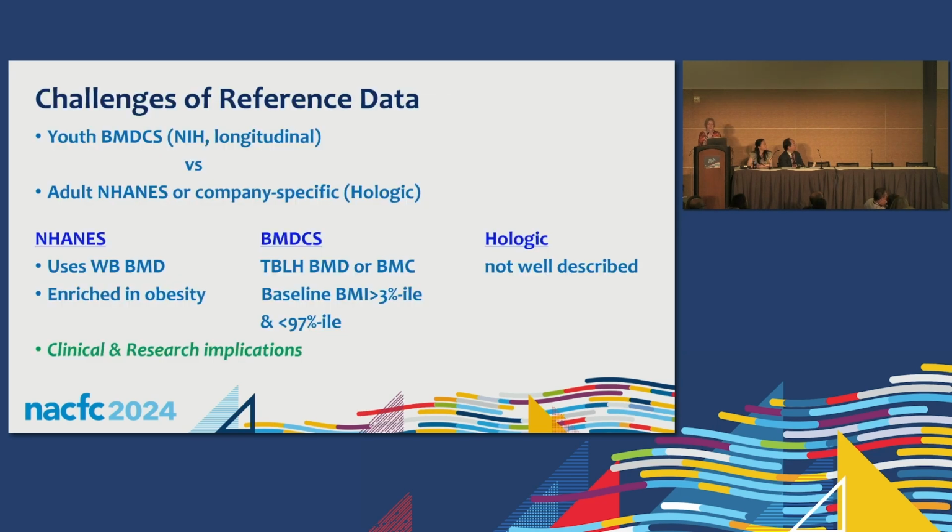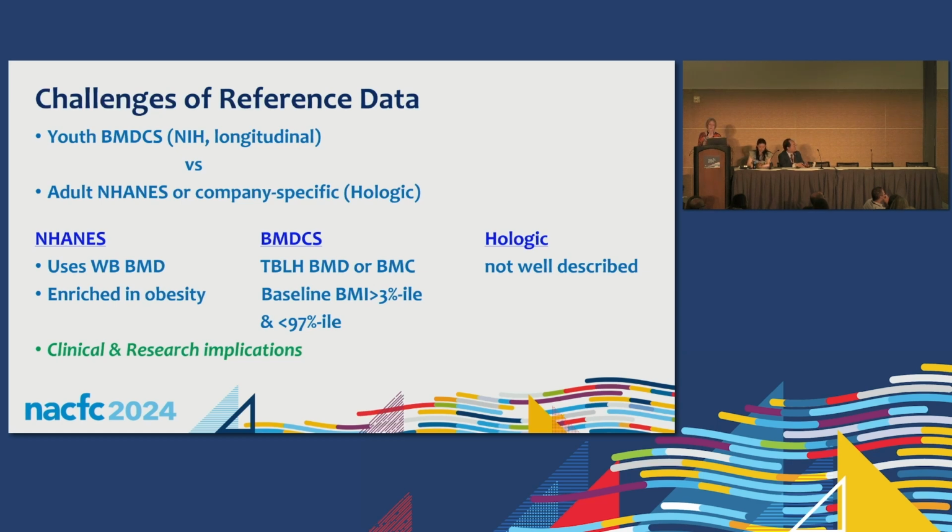Okay, so what are the challenges of reference data? In youth, these are NIH longitudinal data. And for adults, we use NHANES or company-specific or local. NHANES uses whole body BMD, enriched in obesity, which is really important for body composition.